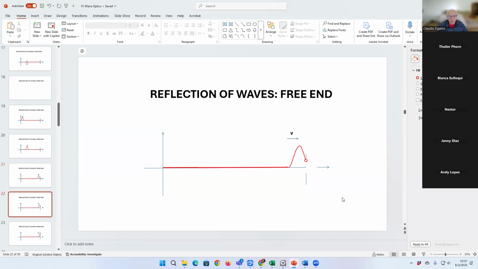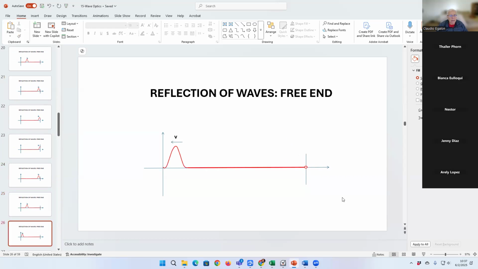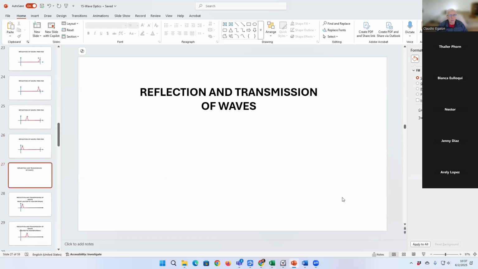And then what happens? The wave doesn't change phase upon reflection. See that? It's incident upright and it's reflected upright as well. That's what happens.